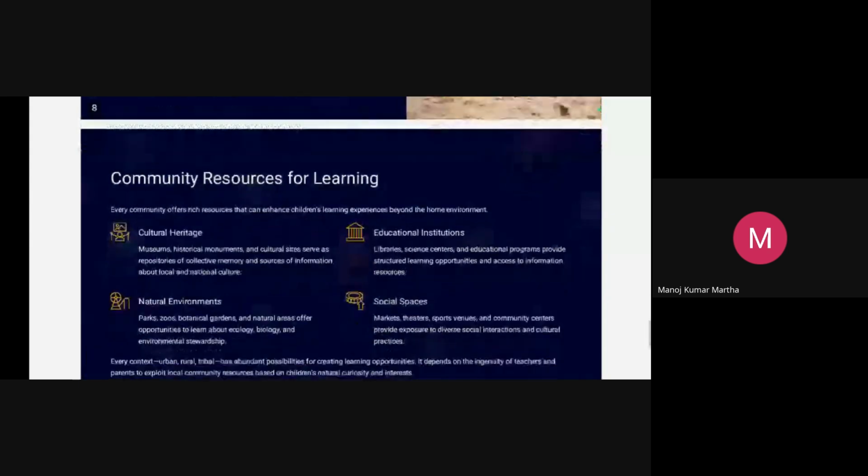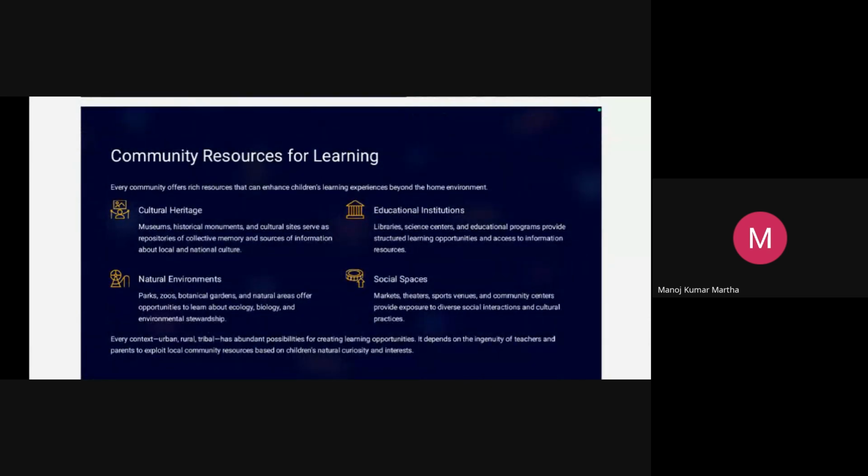Then another thing, community resources, is another important aspect which affects the process of learning. That is cultural heritage: museums, historical monuments, cultural sites, which serve as repositories of collective memory. Educational institutions are also community resources; here we can find science centers, libraries, educational programs. They provide learning opportunities and facilitate the learning process.